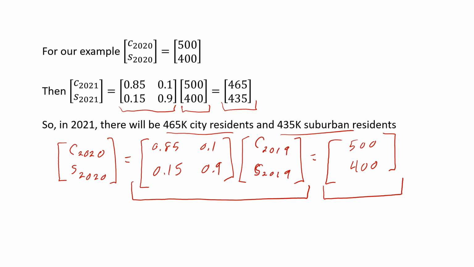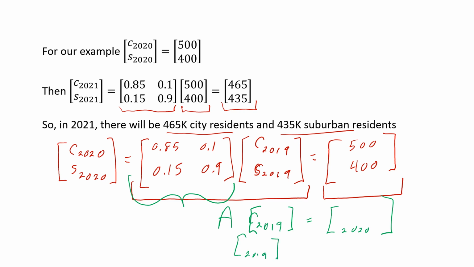can look at your matrix the way that we did for the earlier example and find the inverse of it, because remember this is A times the 2019 vector equals your numbers for 2020. Well, you can flip it around and say your 2019 numbers are equal to A inverse times your 2020 numbers.